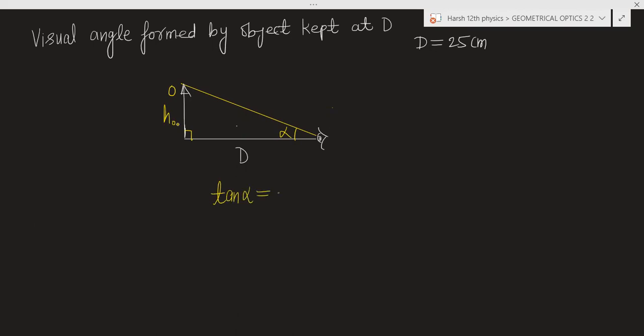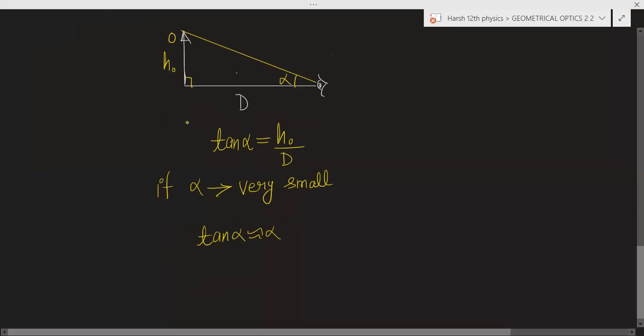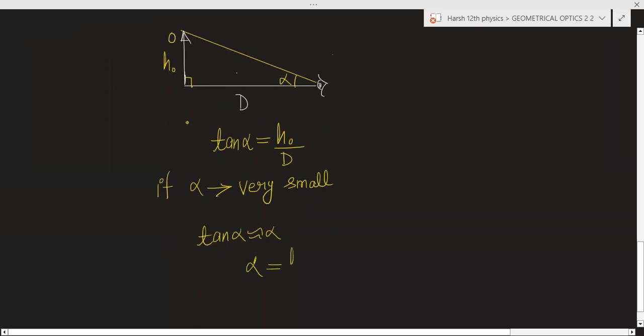Tan alpha will be HO divided by D. And if alpha is very small, then as I told you many times, tan alpha can be written as approximately equal to alpha. So instead of tan alpha, you can put alpha, and alpha will be HO divided by D.